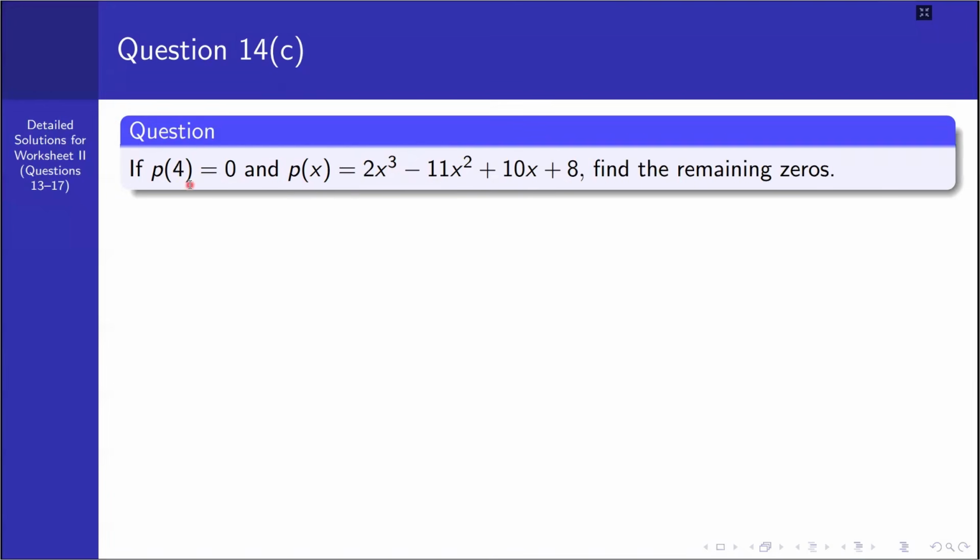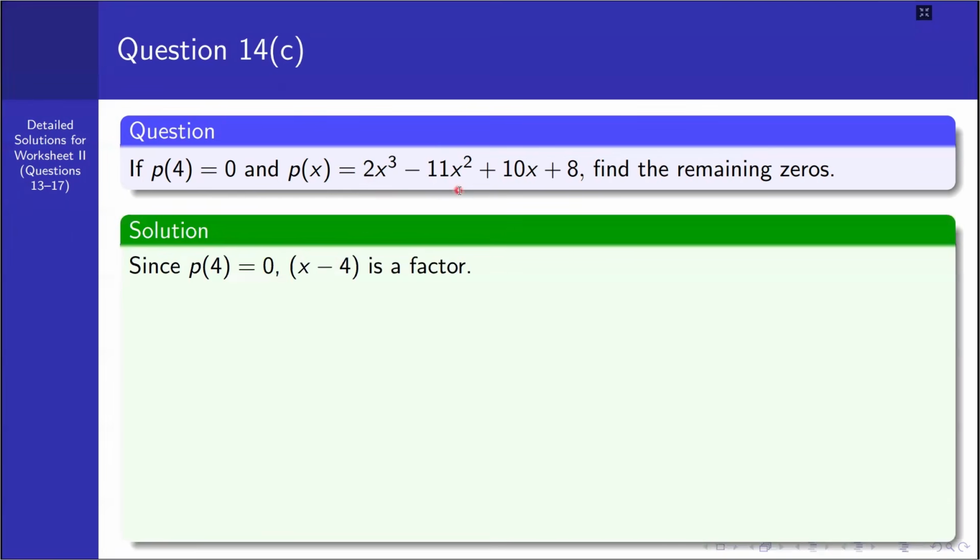And using the factor theorem, if p of 4 is equal to 0, we know that x minus 4 must be one of the possible linear factors of this polynomial function. So when we divide using the polynomial division algorithm, the remainder will be 0. Since p of 4 is equal to 0, x minus 4 is a factor of this polynomial function.